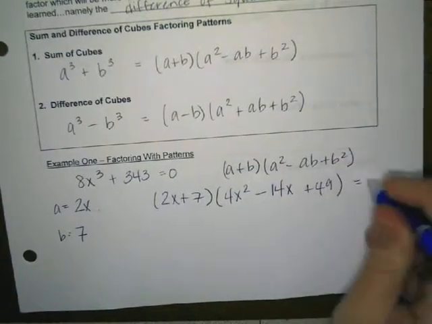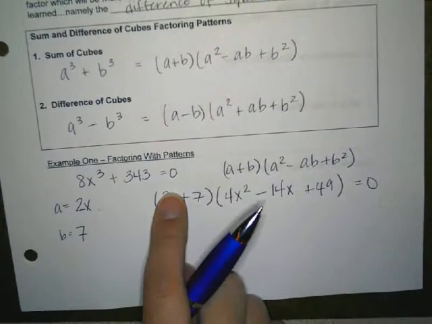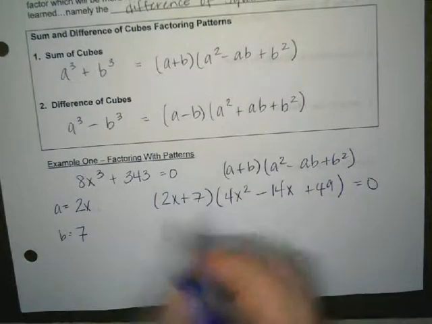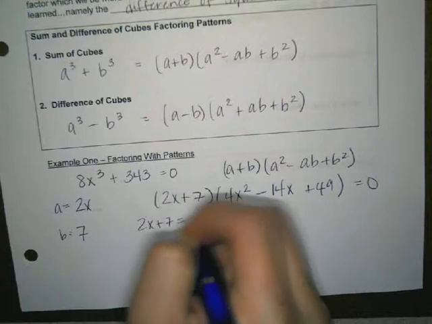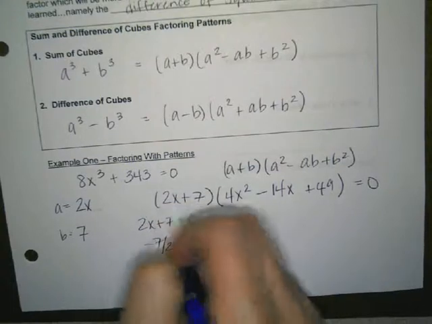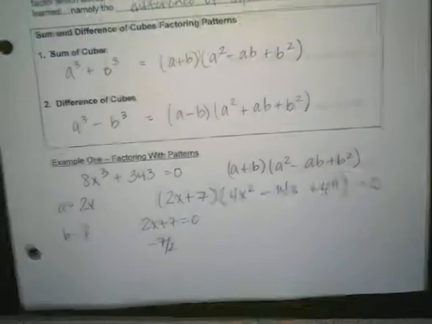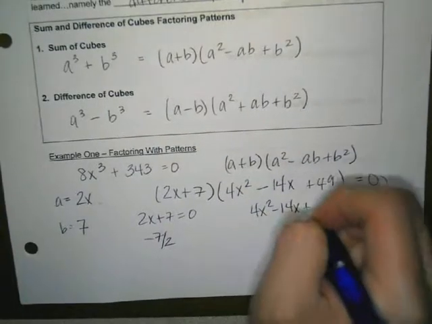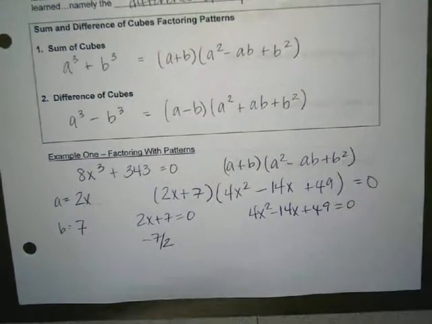Now, if I'm solving this, at this point, just like with quadratics, you would take each factor and set it equal to 0. So when I set 2x plus 7 equal to 0, I get negative 7 halves as an answer. And then this other factor is a quadratic. Now, let me give you a few little hints about this quadratic.